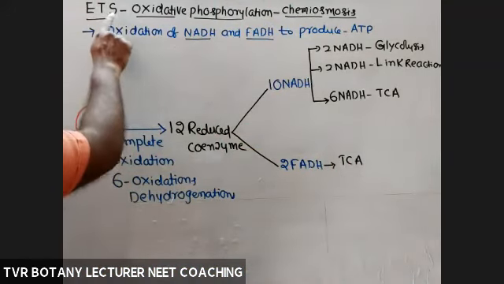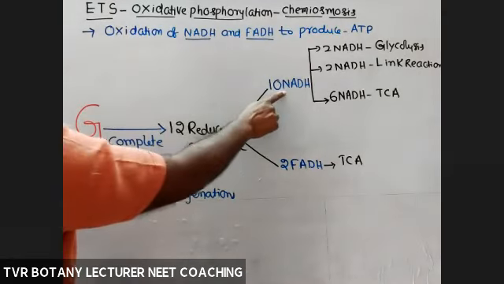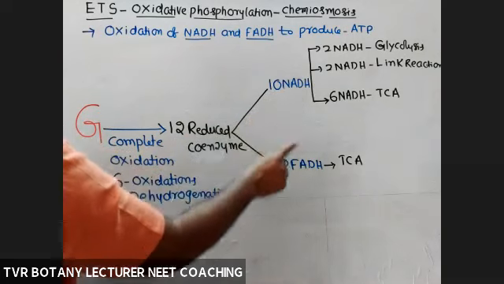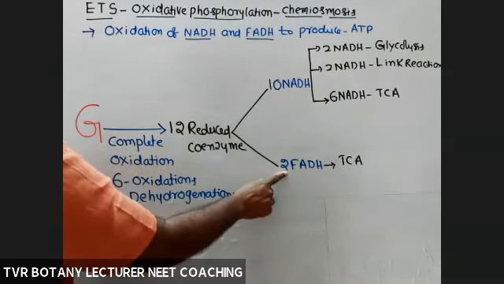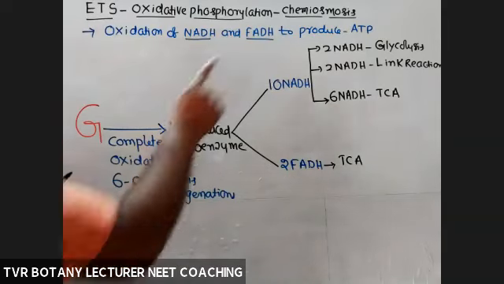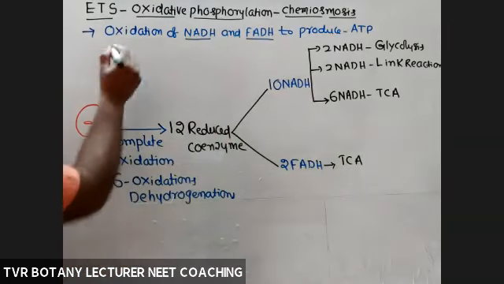So go back to the role of ETS. Oxidation of 10 molecules of NADH and 2 molecules of FADH in the presence of oxygen to synthesize ATP molecules.